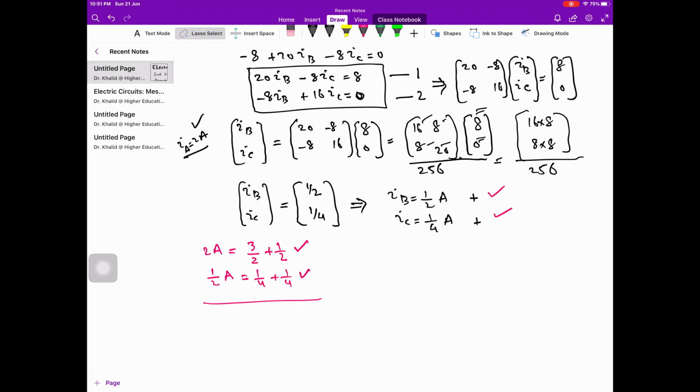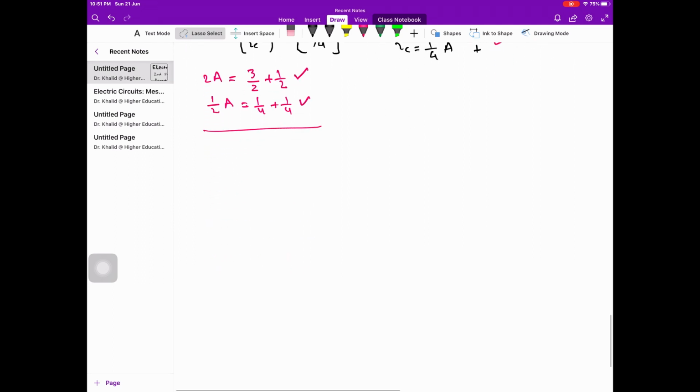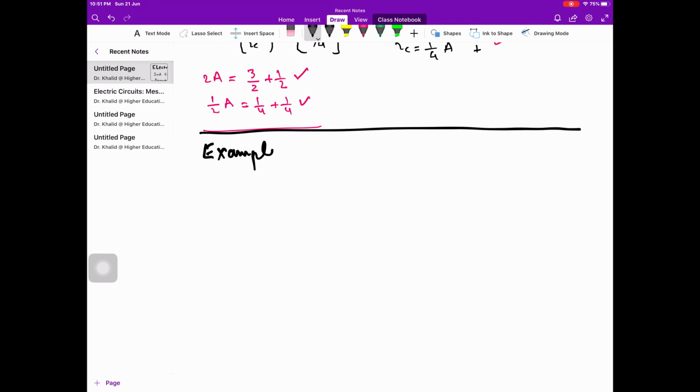Now, moving forward, I will consider another example. I have selected examples carefully to cover all aspects of this mesh analysis. Another example here. Now, this example is an interesting example in a way that it is different from the previously discussed example.